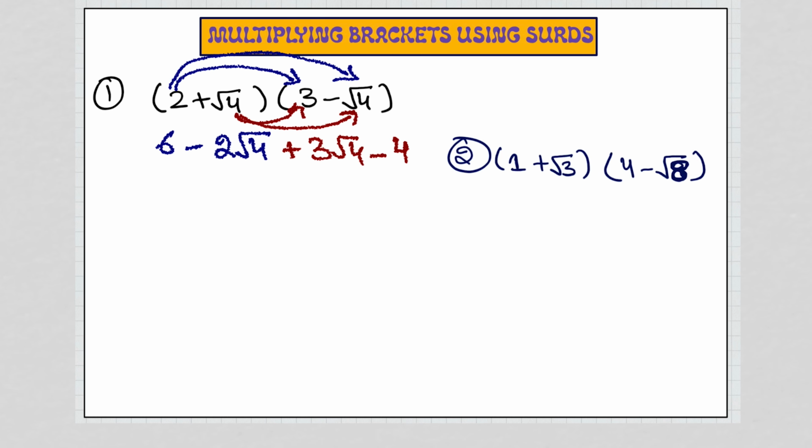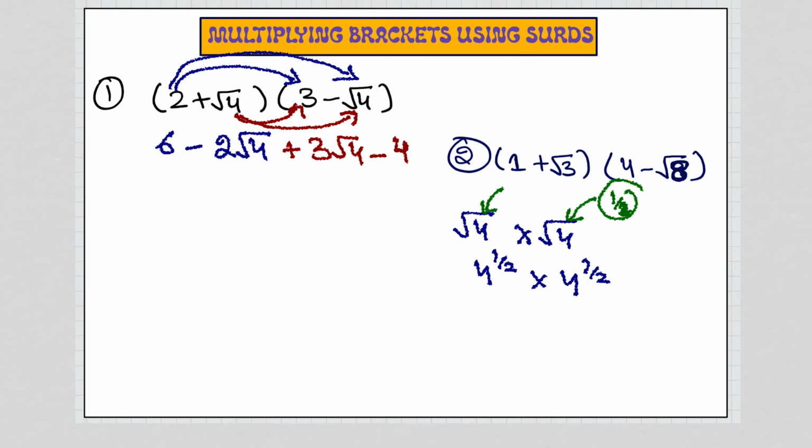Why just 4? Because root 4 times root 4 has a power of half times half. As I told you before, this square root has a power of half. And whenever you times anything which has the same base, we add the power.